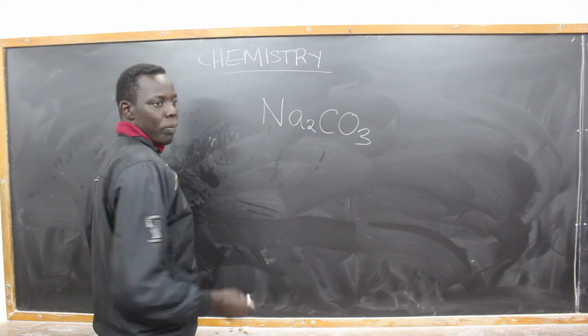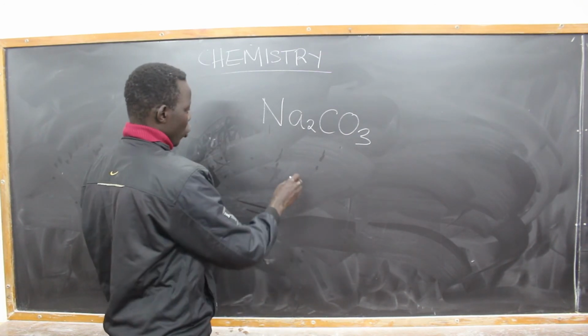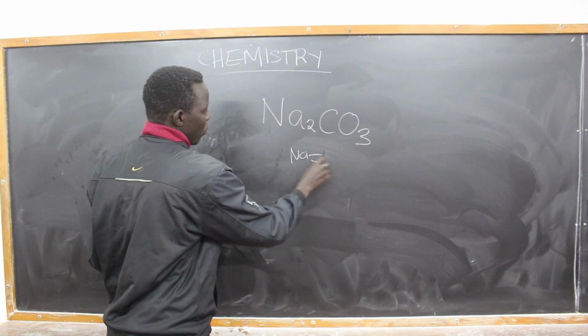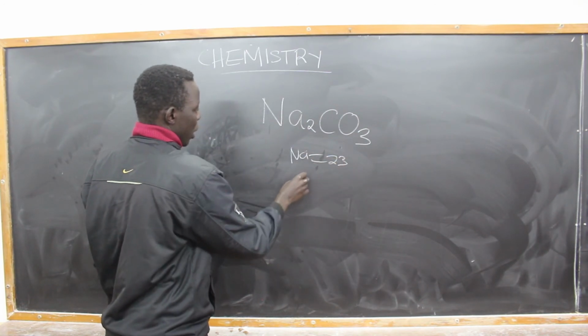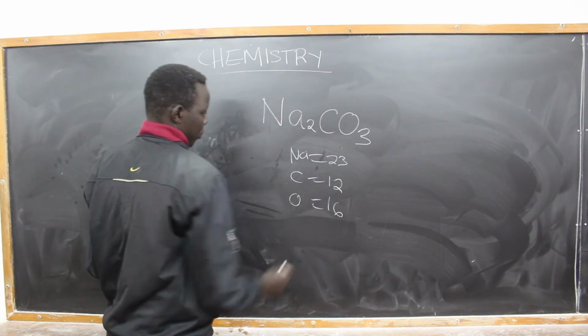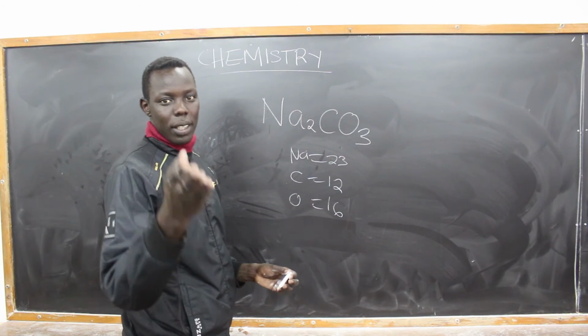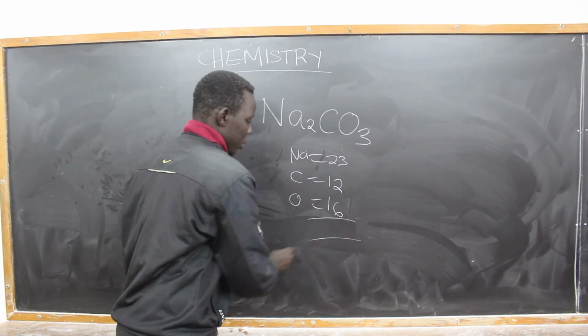So the examiner may give you the atomic masses: sodium 23, carbon 12, oxygen 16. There is someone who is tempted to add here.